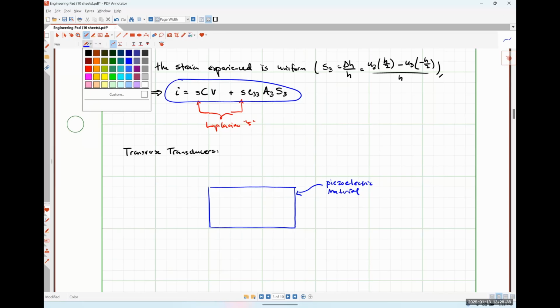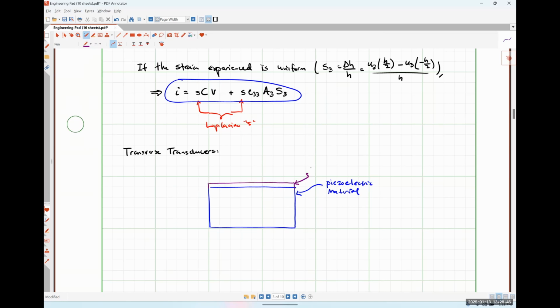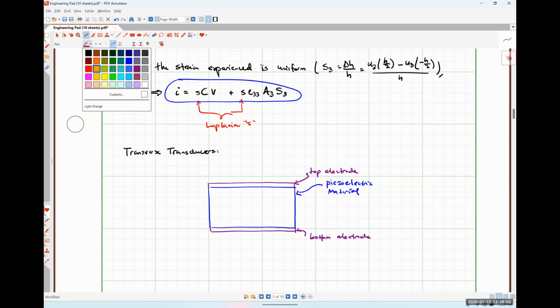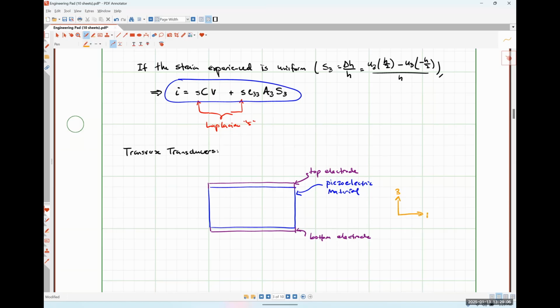And I think I used purple before, so I'll do it now. We have our top electrode, and down here is our bottom electrode. Defining a quick coordinate system: 3 is up top, 1 is to the right, just like we did earlier.